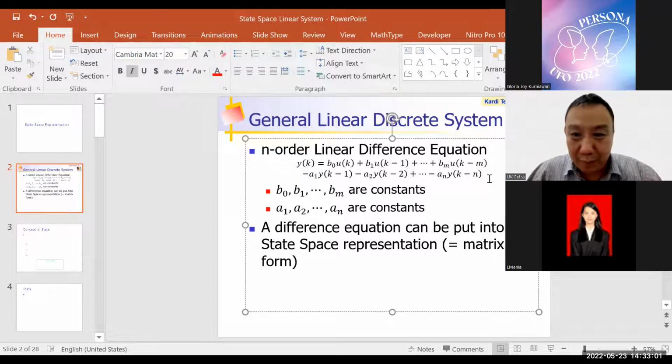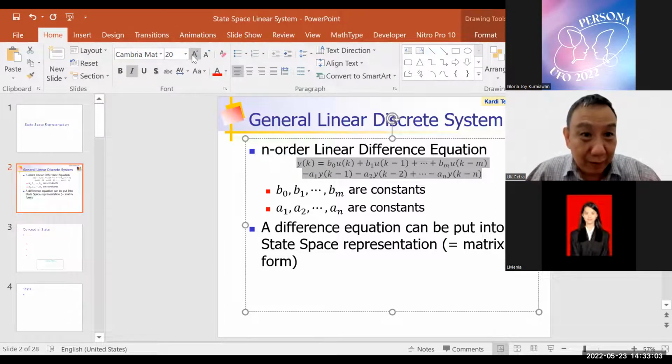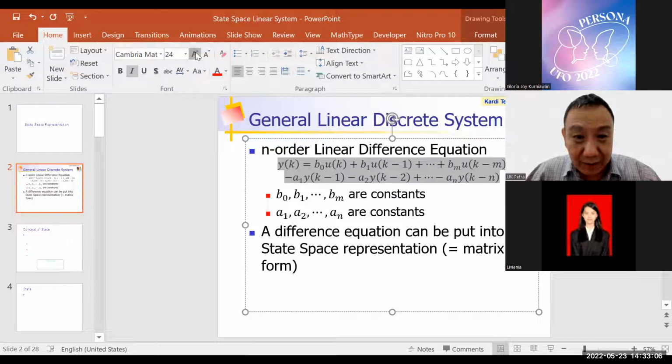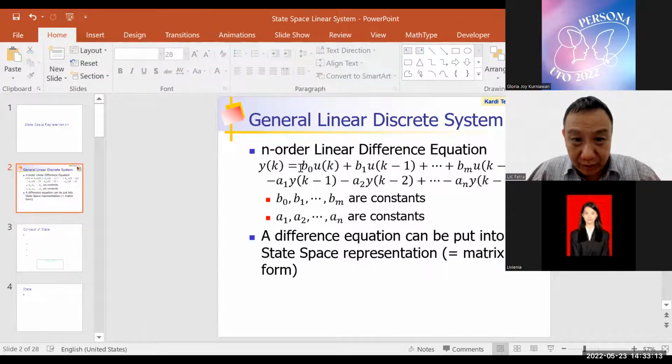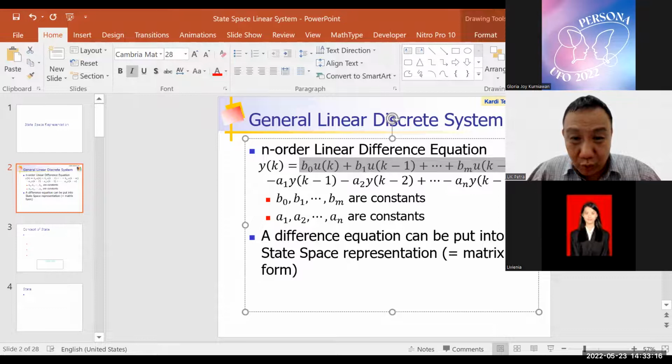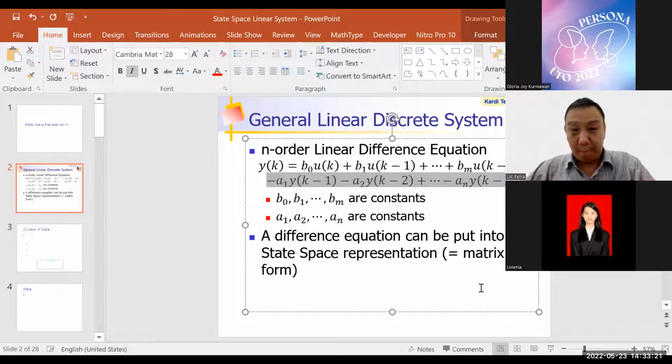Okay, maybe this is better. Can you see it? So y depends on u and depends on the previous y. Can you see that? This is called n order difference equation.